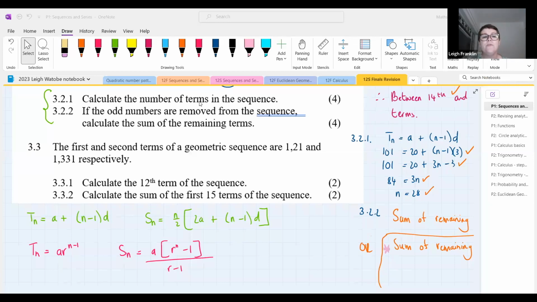Boycho, my answer for 3.3.1 was quite different. Oh, have I made a mistake? Because I see Mbali's got the same answer as you. Maybe I'm going crazy. Hold on, let me just do the first one again, because I'm getting a different answer. Oh, and Seth's getting the same answer as well.